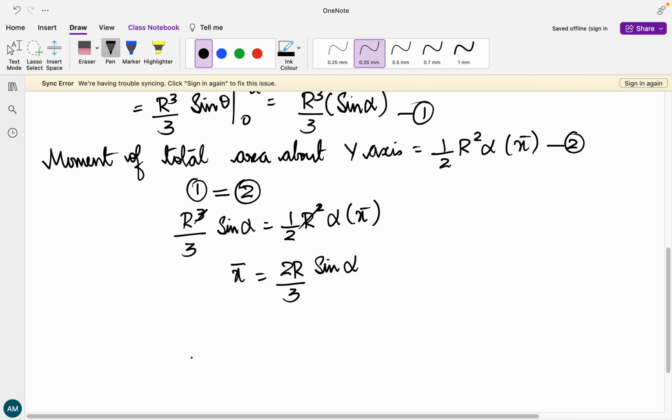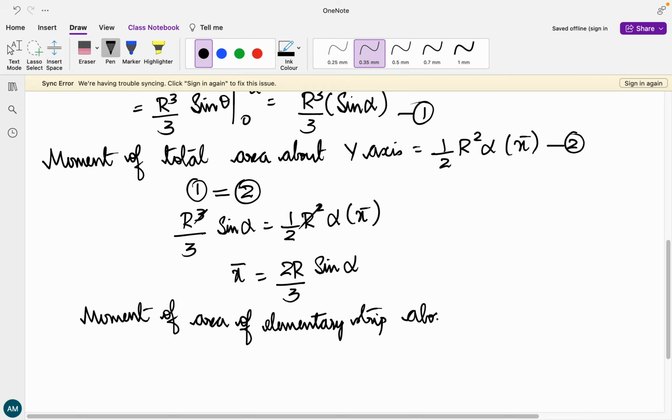Okay, or moment of area of elementary strip about the x-axis.